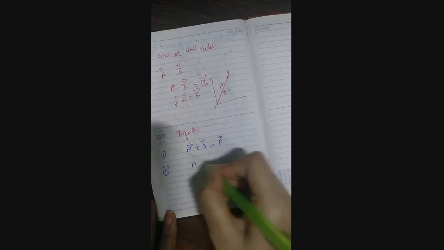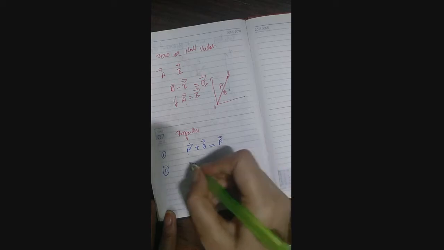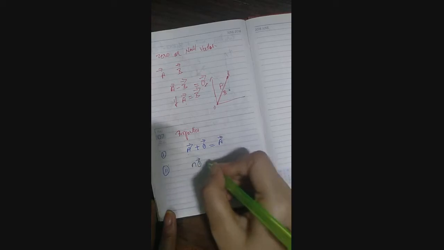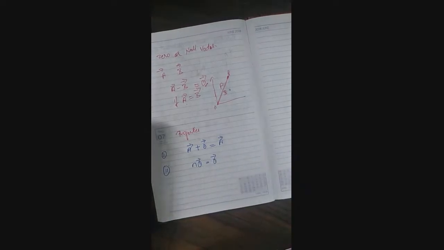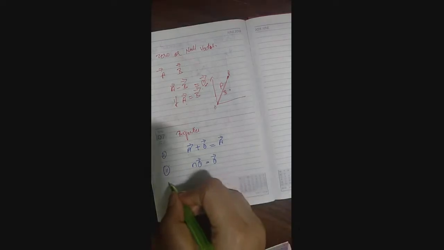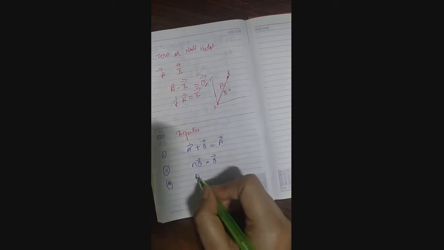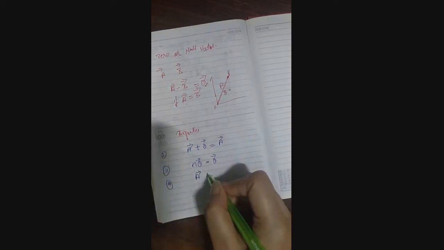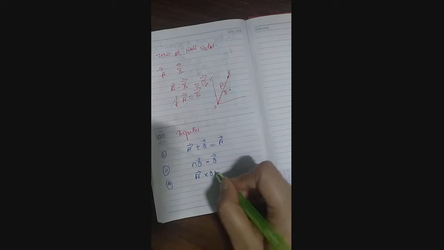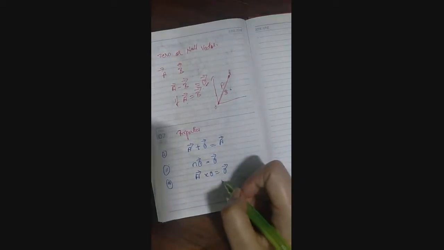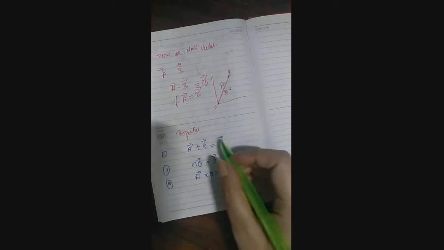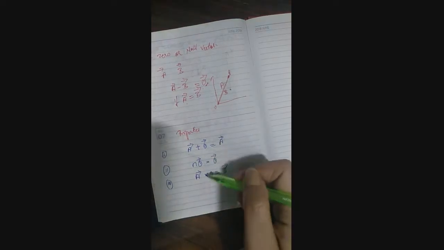So if n is a finite number, any number 1, 2, 3, 4 into the null vector will give you the null vector or the zero vector. Another one is the multiplication of a finite vector, suppose A, by a zero vector, which gives you a zero vector. So these are the three rules for a zero or null vector.